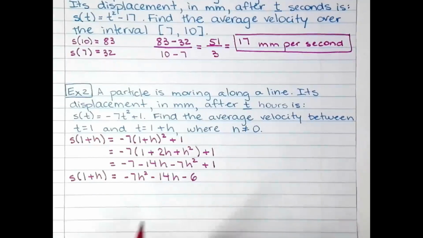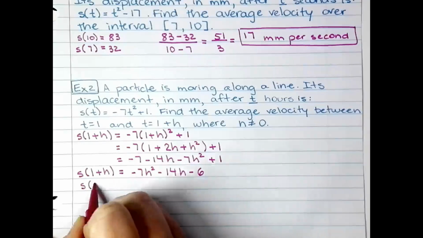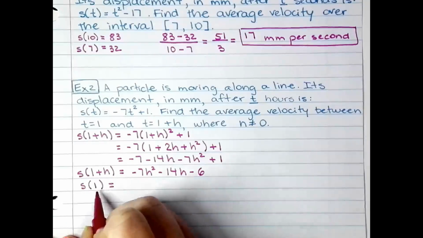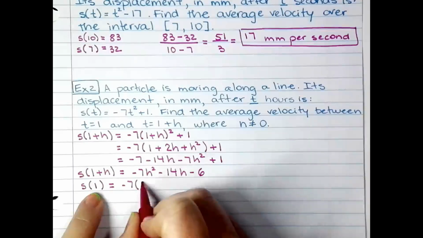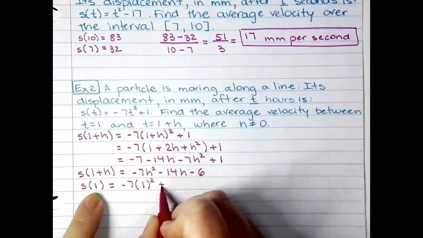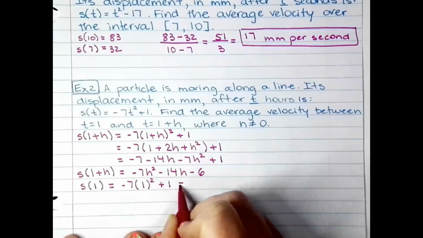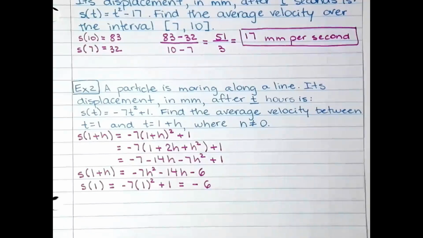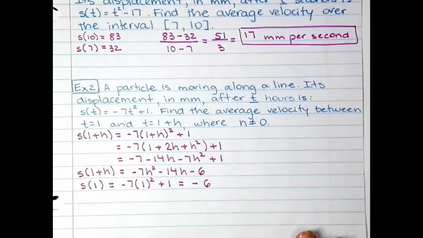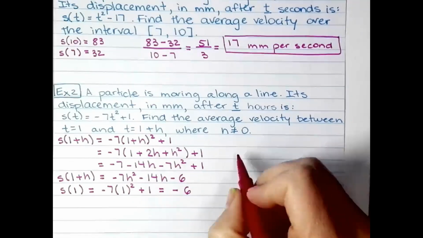Okay, and the other one I would definitely need is y when x is 1. So go ahead and substitute 1 for t. And here you have -6. Okay, now we bring it all back together.